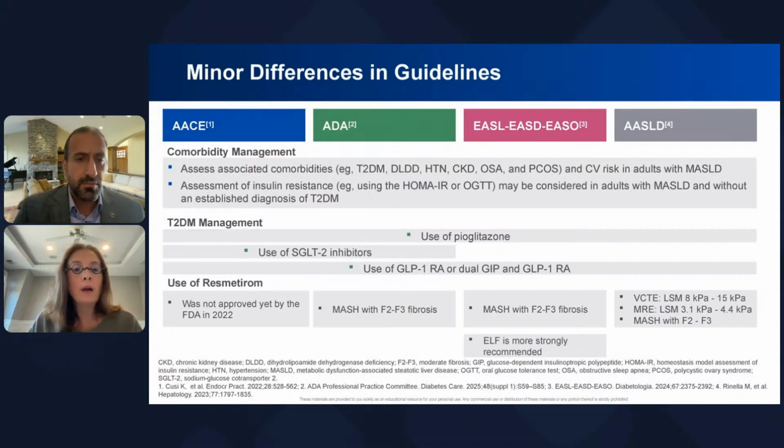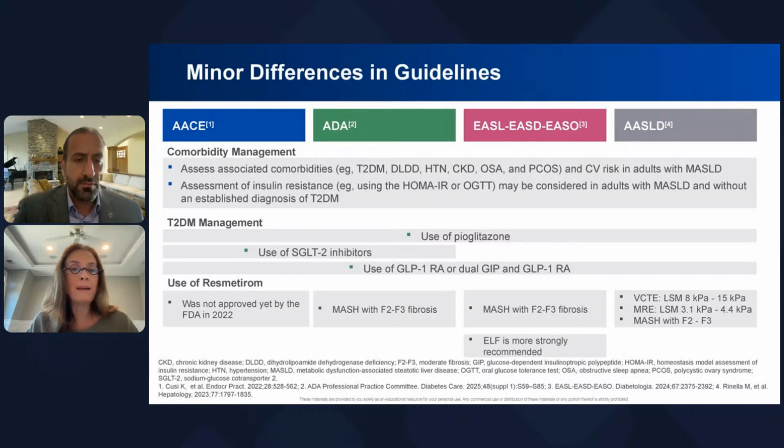The one thing that you do see throughout is the use of GLP-1 receptor agonists or dual GLP-GIP agonists. And that's because they've been approved for the treatment of obesity and diabetes and, depending on the agent, heart failure or obstructive sleep apnea. And so patients that have those cardiometabolic risks will benefit from those irrespective of liver disease.